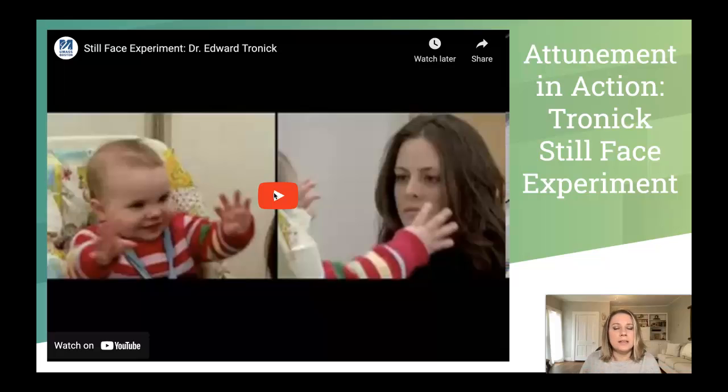So this idea that it's not about perfection, but it's about consistency and it's about repair. And when there is no repair, when there is no coming back together, then the child concludes that I can't trust that my needs are going to get met.